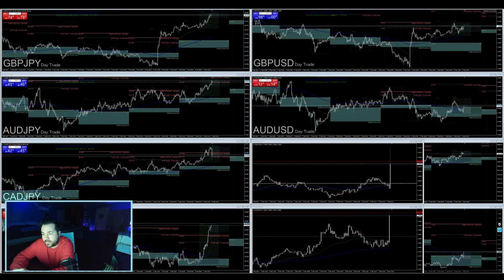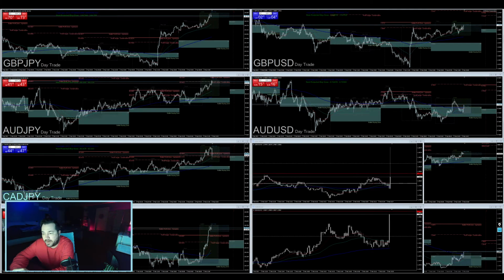Okay, unemployment rate is actually down. It's expected at 6.7. It's at 6.3. That's for the U.S. Now let's take a look at the CAD.